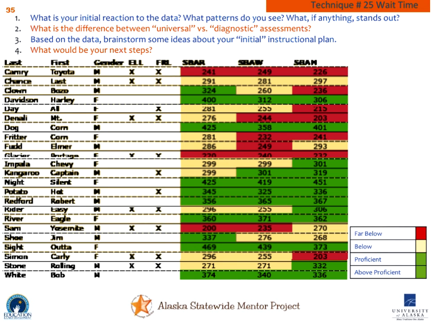So the scores, the first column is reading, the second column is writing, the third column is math. And looking at the key, you can see that the green indicates above proficient and proficient, yellow indicates below the standard, and the red is far below. So looking at the top, M and F are gender.